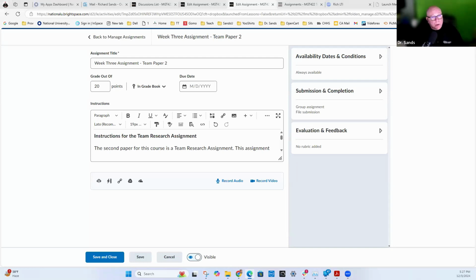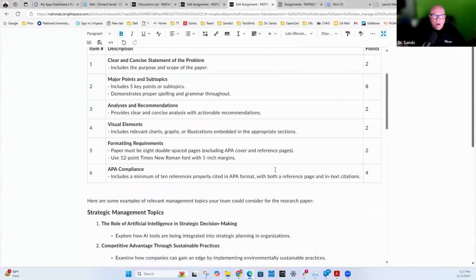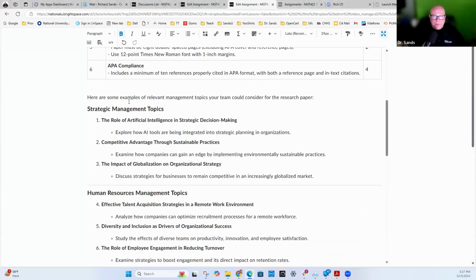Well, you can select one of those topics by all means. You can select one of the ones I listed there, or you can do research and select a topic, or if you have one already, then by all means you can use that. Or if the group doesn't like any of these, then you can research others.